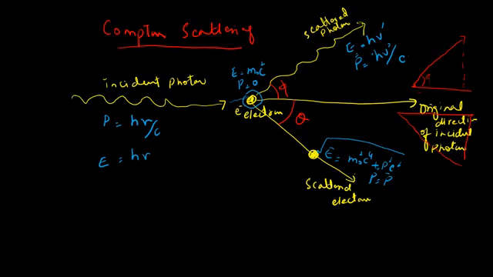So the components are h mu prime by c sine of phi and h mu prime by c cos of phi. For the electron, which has momentum p, the components are p sine theta and p cos theta.